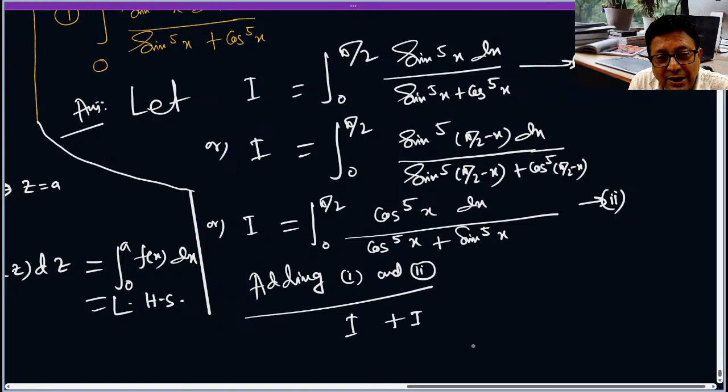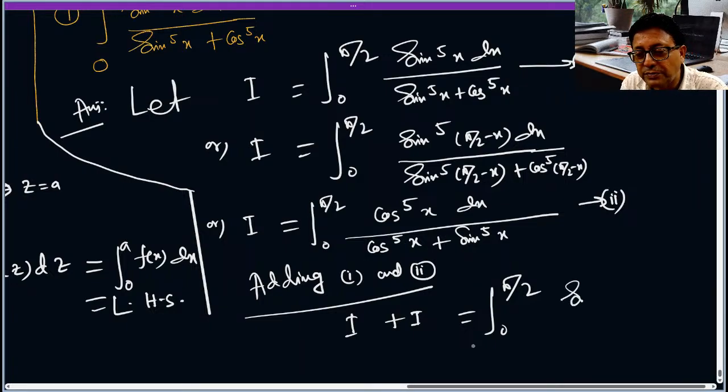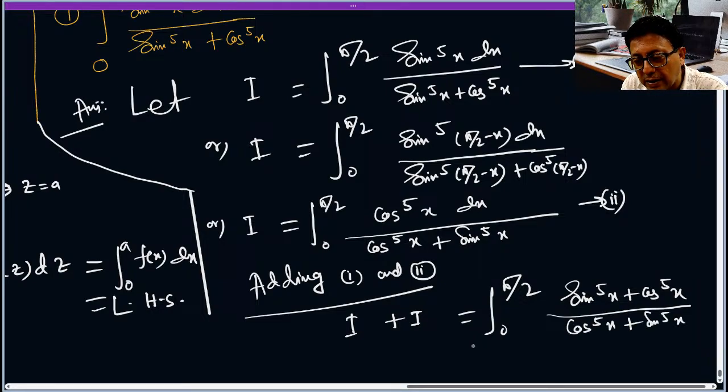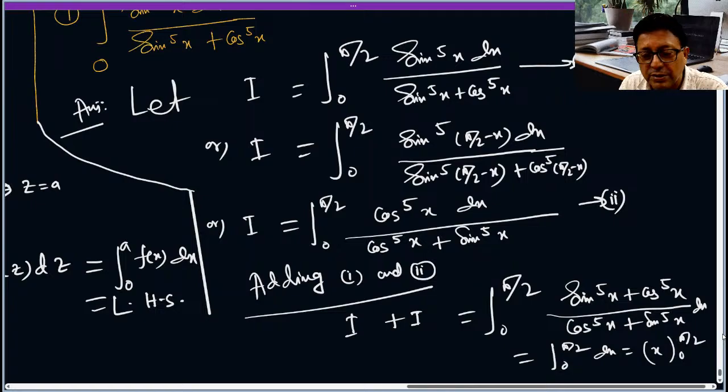I plus I equals ∫₀^(π/2) of sin⁵x plus cos⁵x over sin⁵x plus cos⁵x, so the answer is ∫₀^(π/2) dx, which is x from 0 to π/2, isn't it?